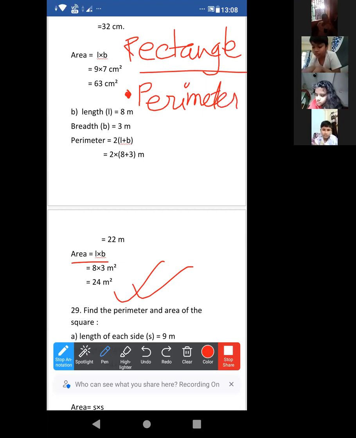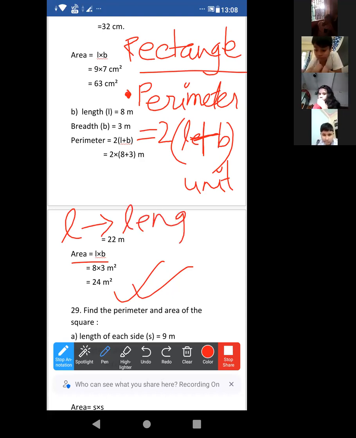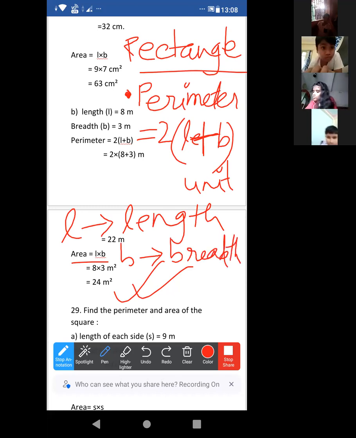Perimeter is equal to 2 into bracket length plus breadth, or you can write L plus B, with the unit. Put the unit also. Here write L means length and B means breadth. Write this first, all of you. Note it down fast.